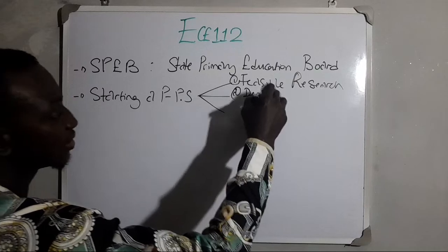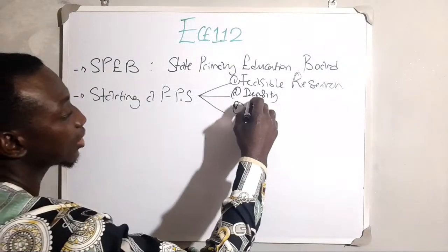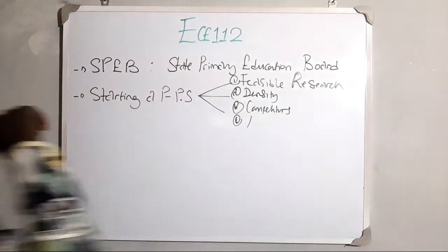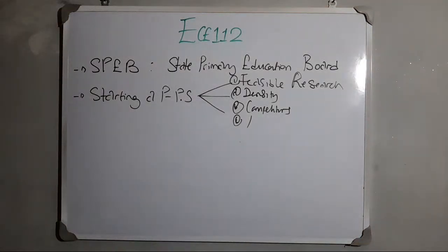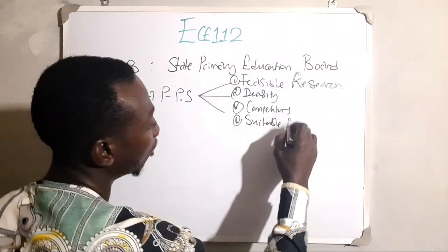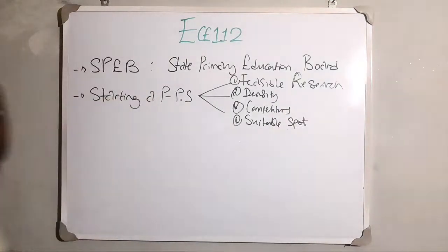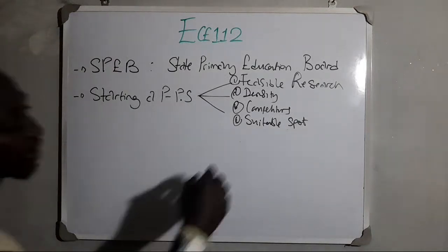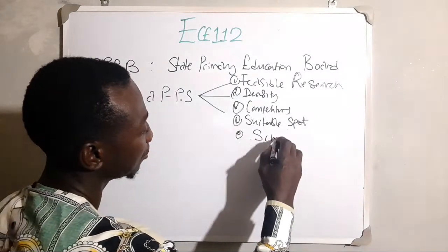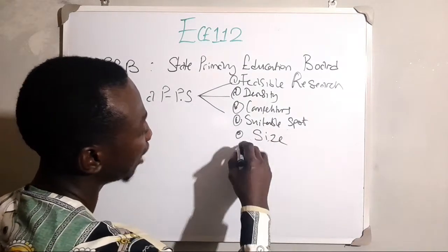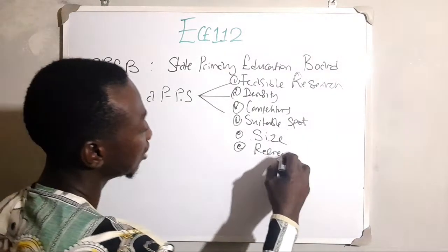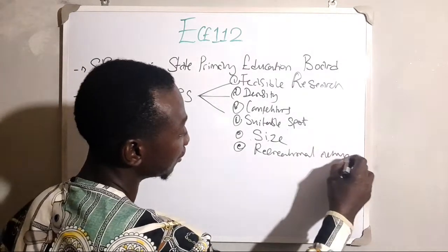Talking about the density, talking about competitors, talking about the suitable sports, talking about the size of the pre-primary school, then recreational activities for the children.